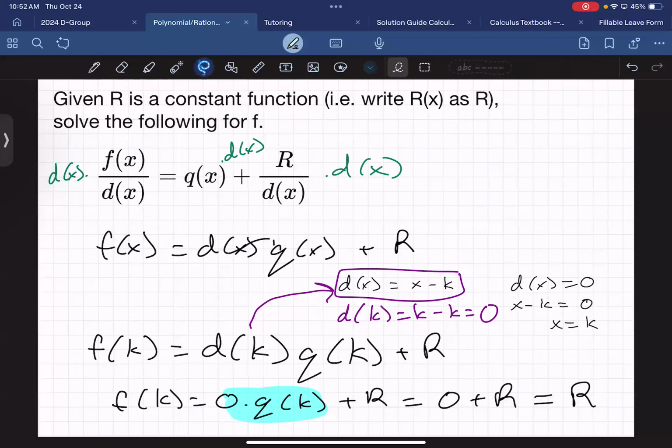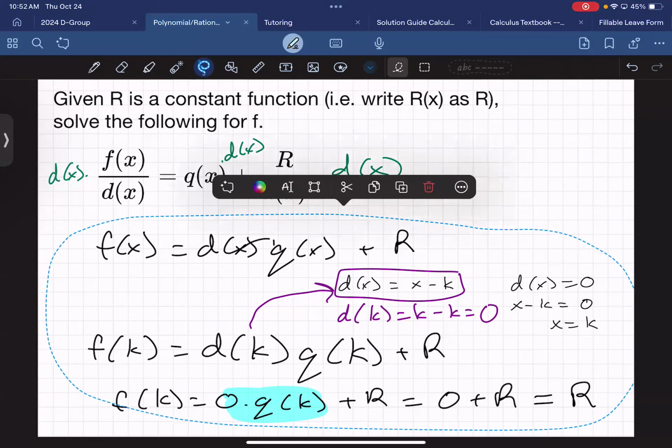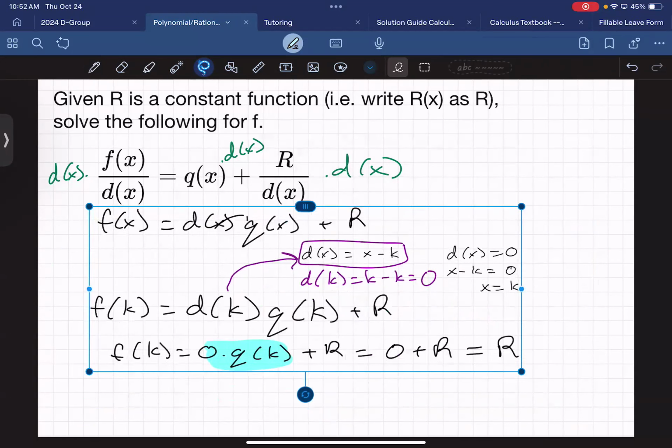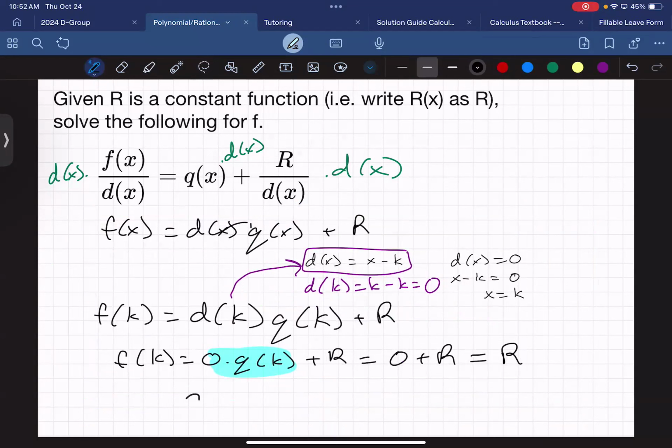Okay. Now, the reason we like this, though, is we just defined something that we're going to be able to use moving forward. F of k equals whatever the remainder is. That's another way to write that.